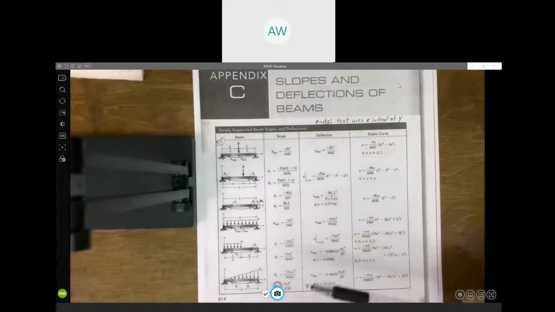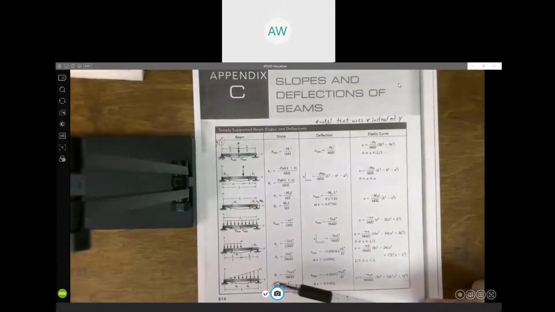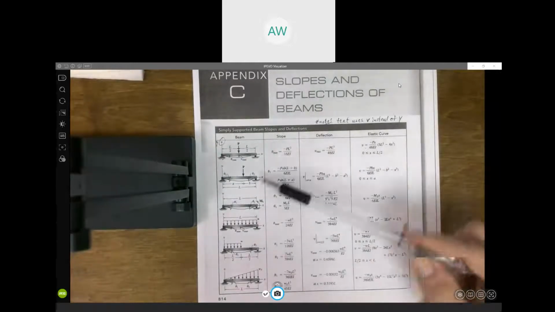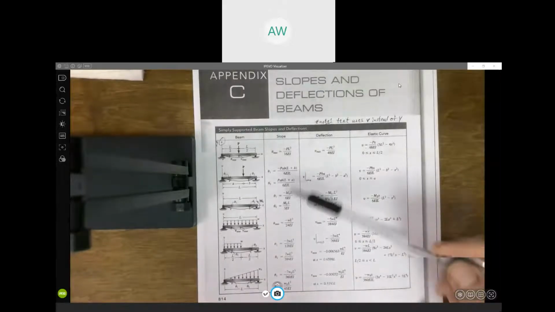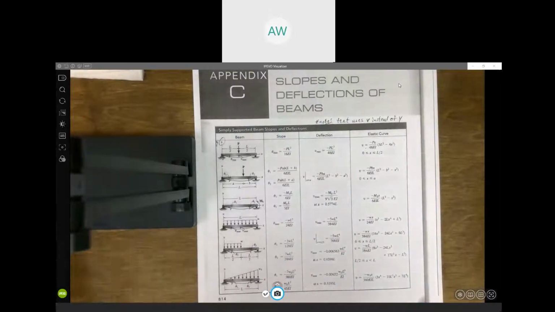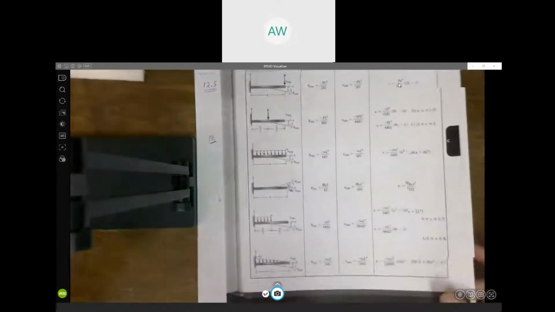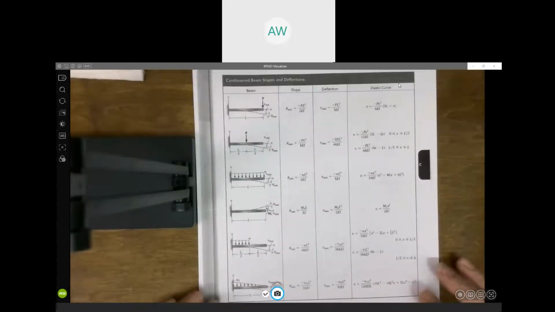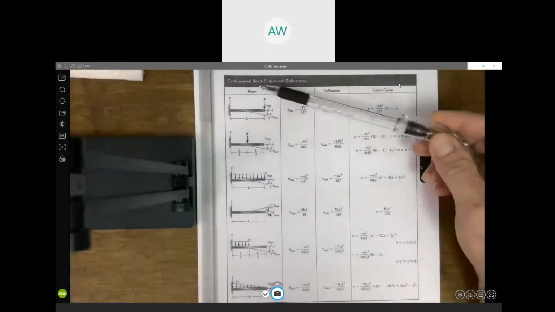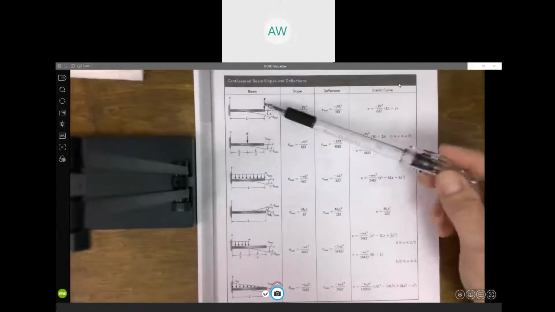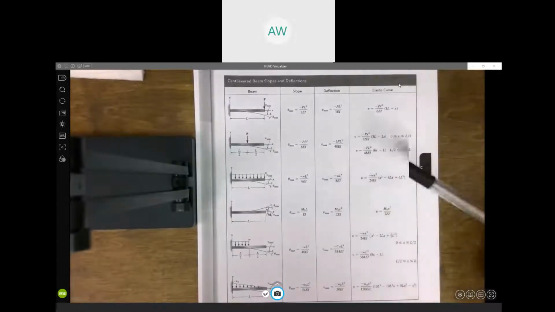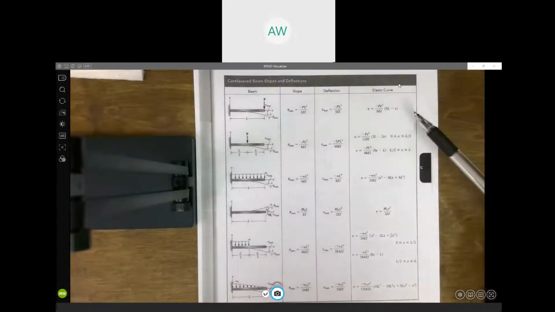If you're creative, you can actually do more than just 6 using these that are provided, but we'll talk about that in a minute. This is the first page in Appendix C. On the next page you'll see a table for cantilever beams. These are beams that have a fixed support at one end. It looks like there are 6 of these provided as well, with formulas to give you slope, deflection, and the equation for the elastic curve.